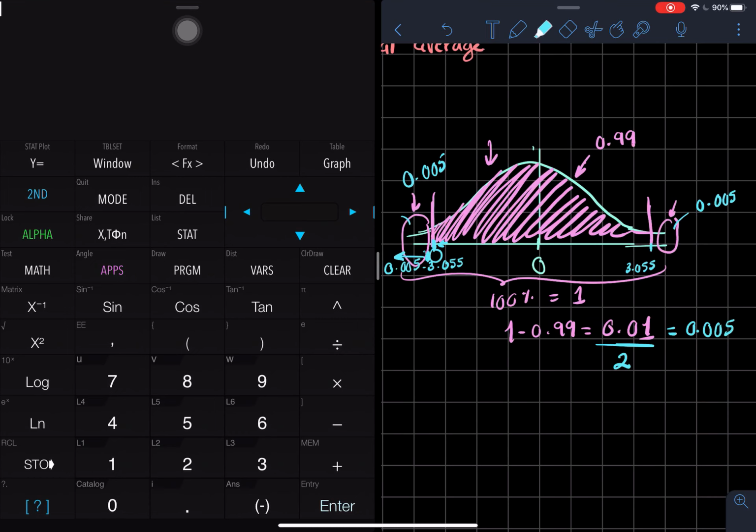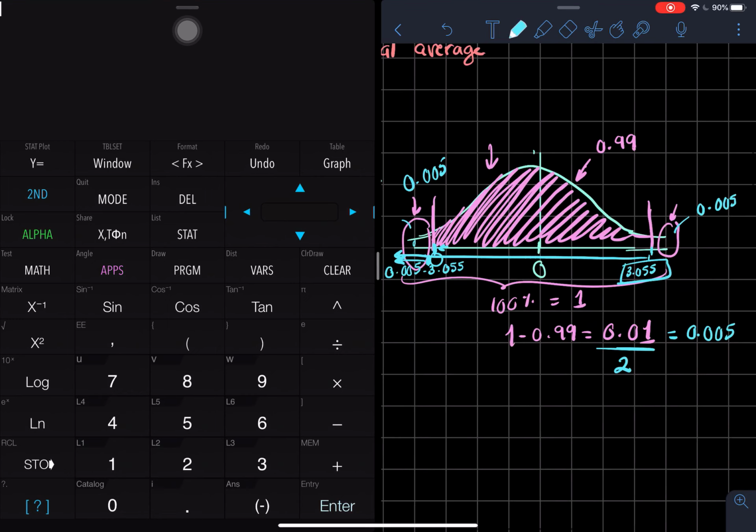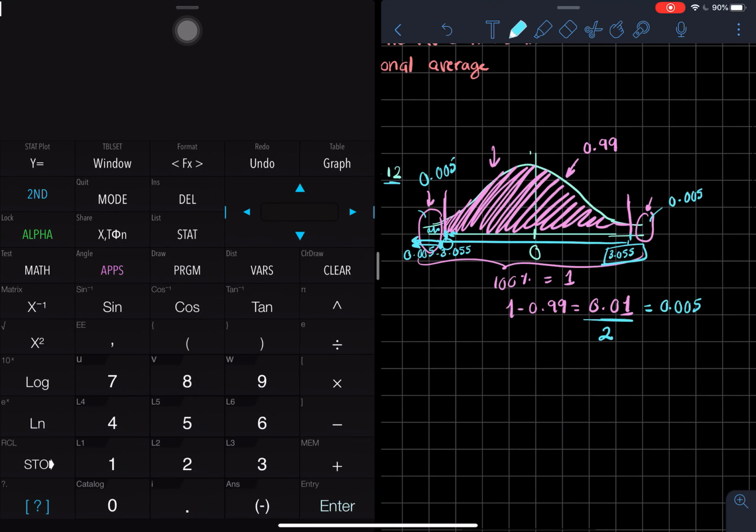And so if I look at this value right here, then the area to the left is everything from here all the way to negative infinity. So it's going to cover the pink region and the other blue region right here. That means it's going to be 0.99 plus 0.005 to give me 0.995.